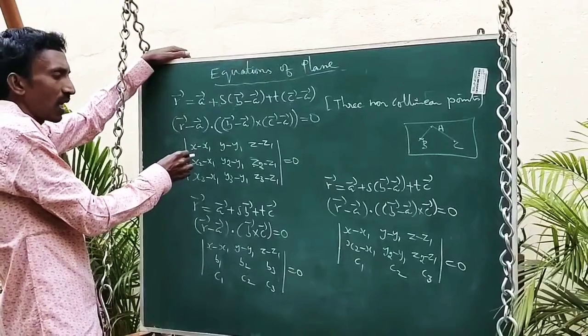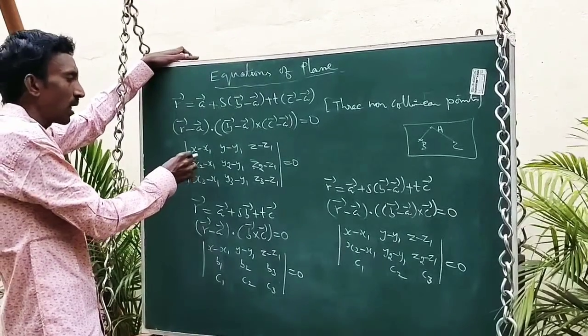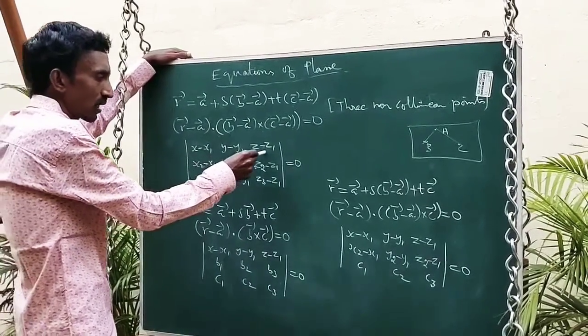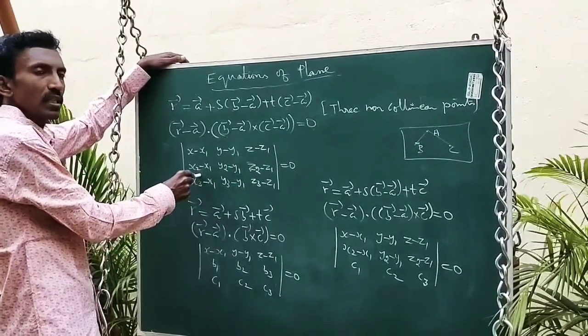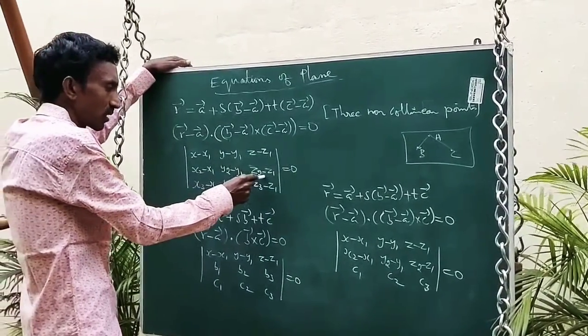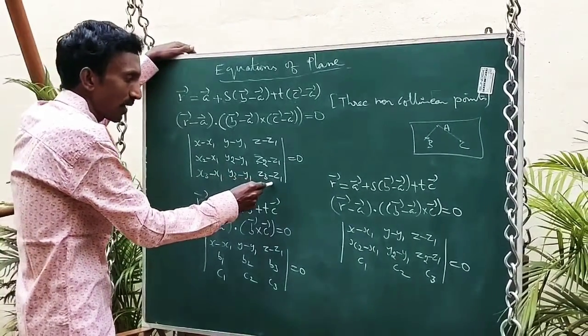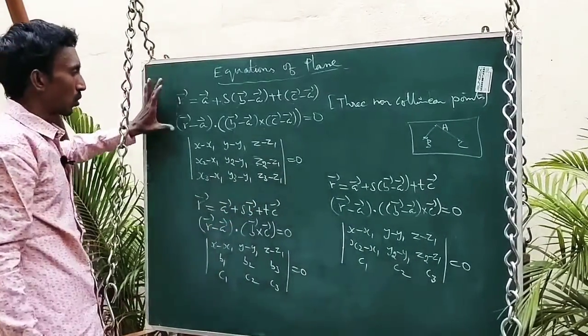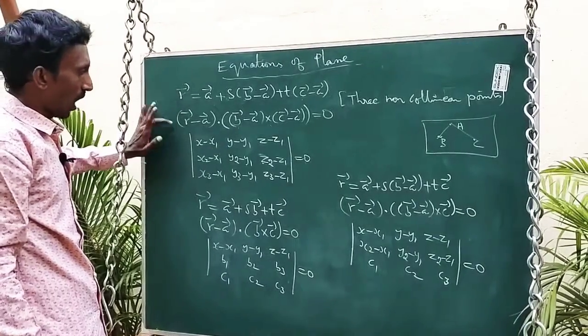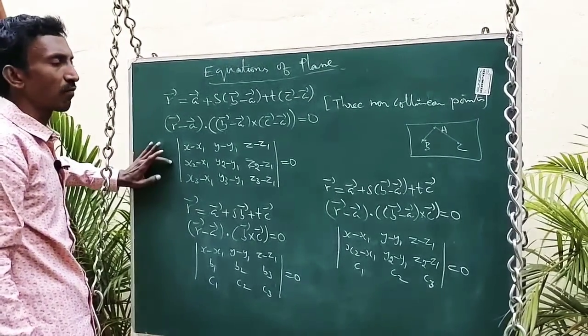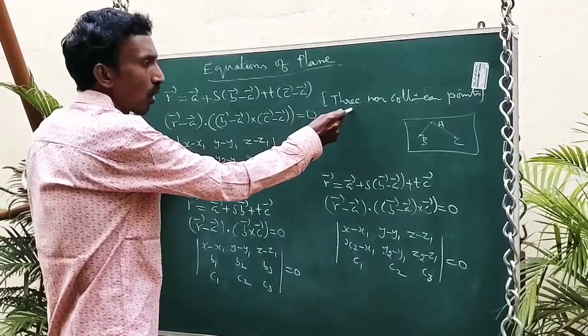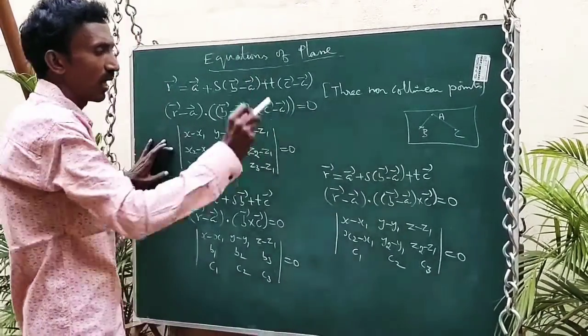The Cartesian form is obtained by the determinant with rows (x minus x1, y minus y1, z minus z1), (x2 minus x1, y2 minus y1, z2 minus z1), (x3 minus x1, y3 minus y1, z3 minus z1) equal to 0. So these are the parametric, non-parametric and Cartesian forms when three non-collinear points on the plane are given.